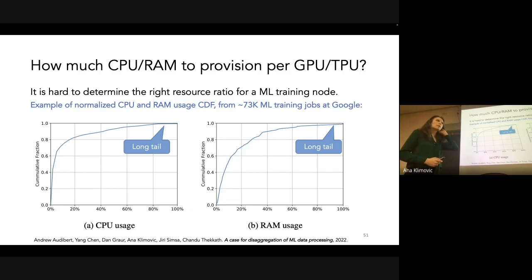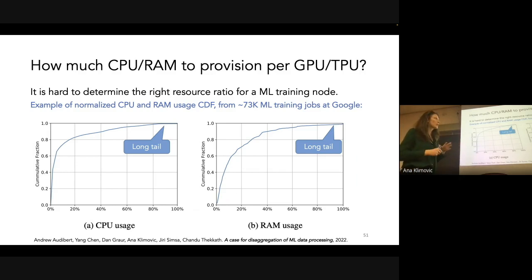So here, there's 2 stages in the pipeline. There's reading data from storage to begin with. That could be one bottleneck. There's pre-processing transformations of the data, and then there's the actual loading onto the accelerator. Here we're focusing mostly on this pre-processing step, like how much CPU and memory do you need to do these data transformations.